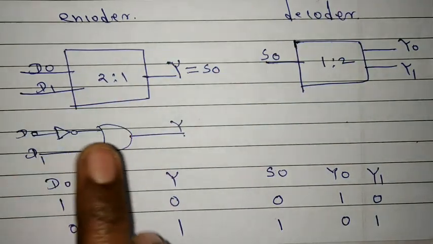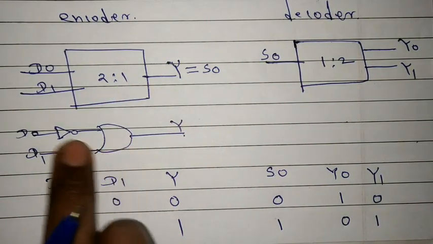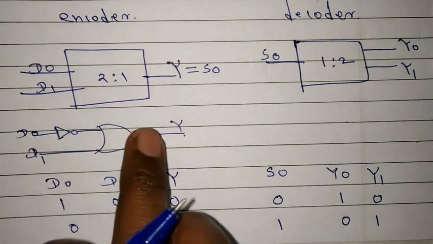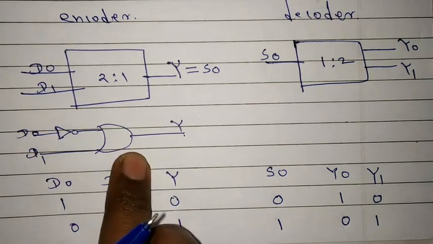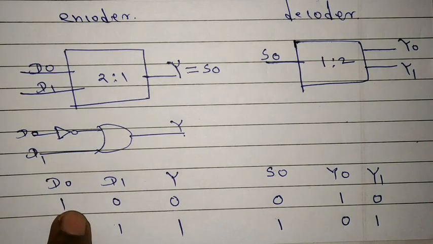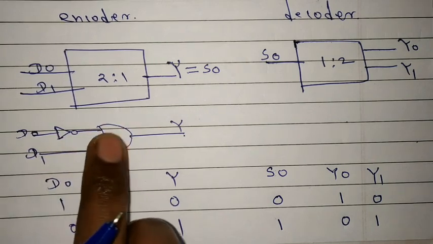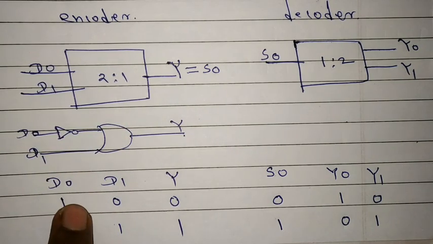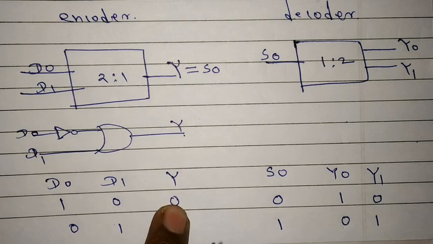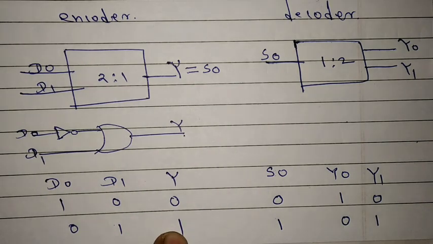Okay, now this is the internal circuit of a 2:1 encoder. The truth table based on this combinational circuit is: if D0 is 1, then the output will be 0, and if D1 is 1, then the output will be 1.